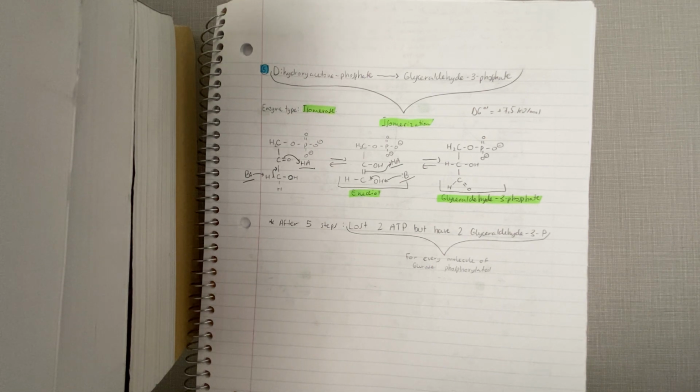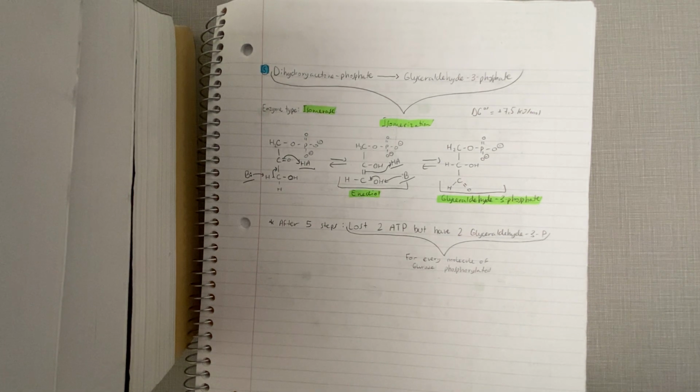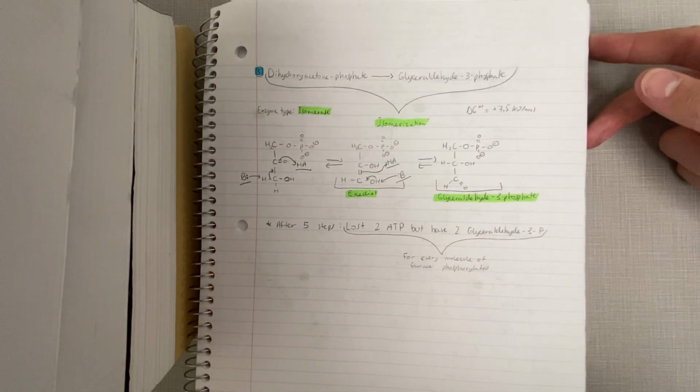And we will learn a little later that steps 6 to 10, which are the last steps of glycolysis, are the payback steps because we then form 4 ATP and other energetic molecules as well. So this is why we named the first 5 steps the investment stage, because we invest 2 ATP to eventually gain and produce ATP and other energetic molecules.